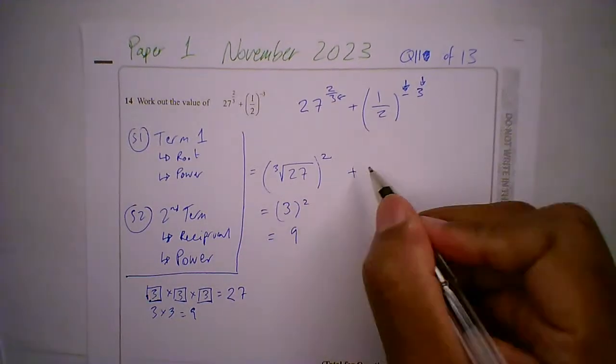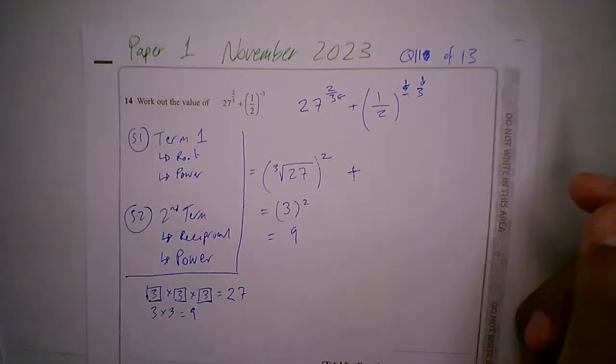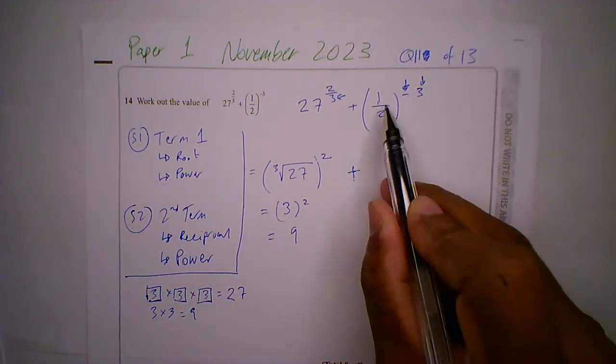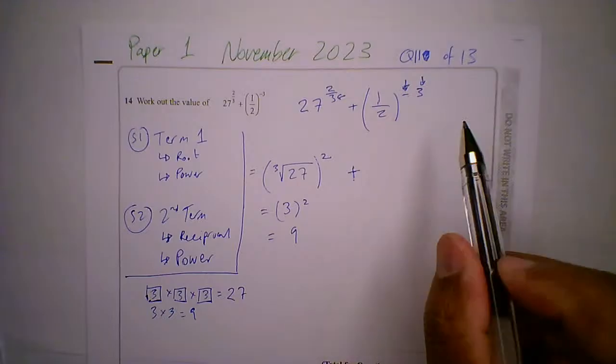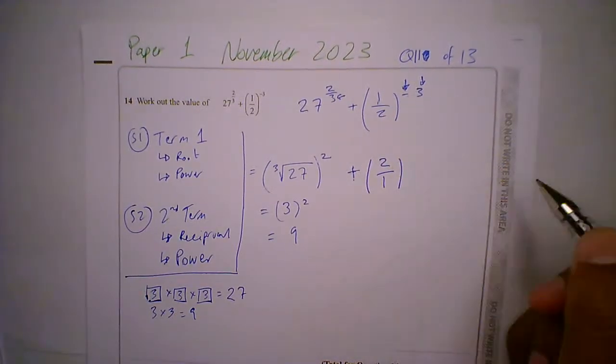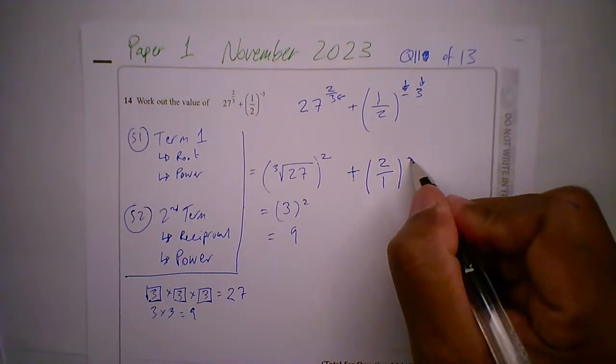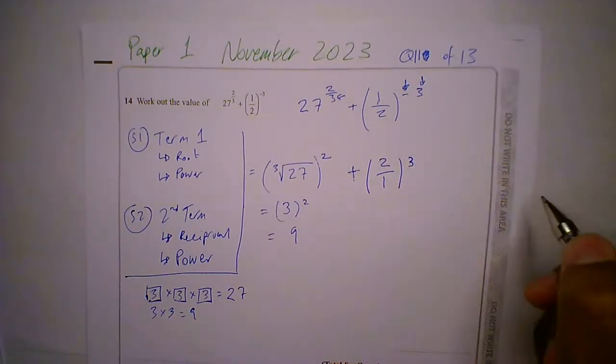This is plus. Now I'm going to be working on my second term. So I've got a reciprocal here. Now with a fraction, if I have a reciprocal, I just swap them. So 1 over 2 now becomes 2 over 1. And then I raise it to the power 3. Okay.